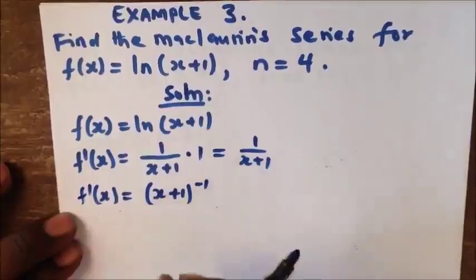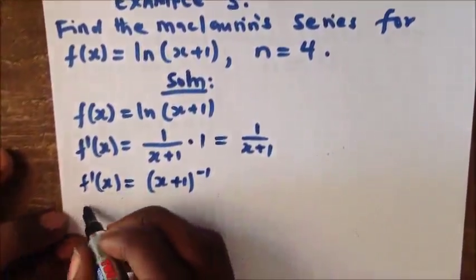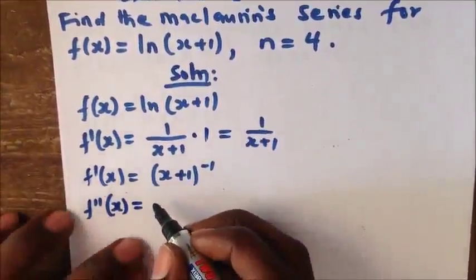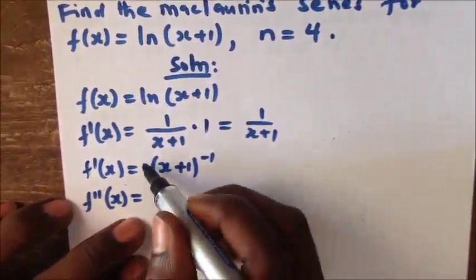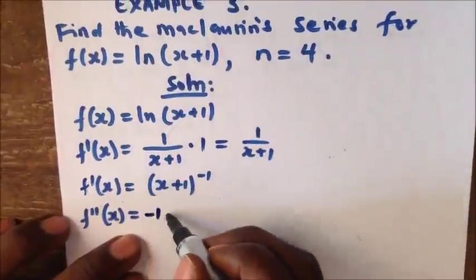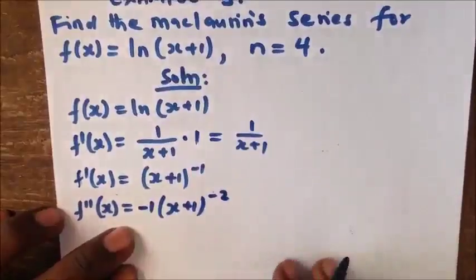Then we can differentiate this function by applying the chain rule. Therefore, the second derivative: remember, to differentiate, multiply the power by the coefficient, then reduce 1 from the power. The coefficient here is 1. Therefore, minus 1 times 1 is negative 1, into (x + 1), then reduce 1 from the power, negative 2.